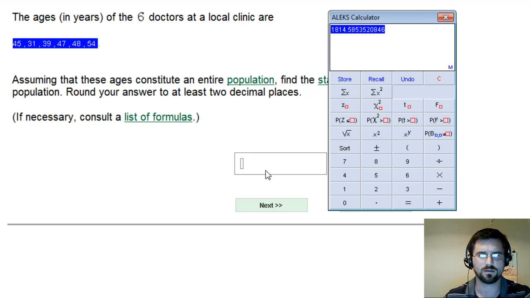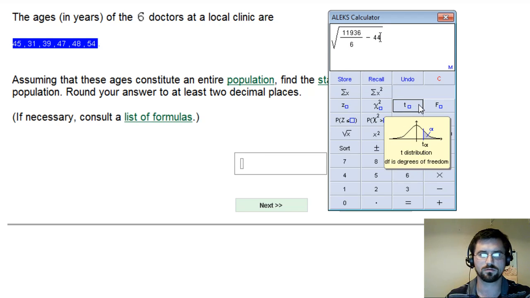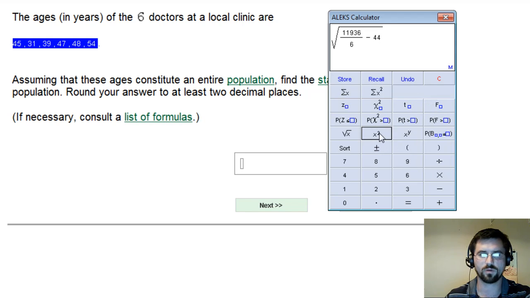That just seems huge. That doesn't make sense, right? How can that be the standard deviation? Let's try again. I'm going to do this, sum of the squareds, and then I'm going to put that under square root, divided by 6, arrow over, minus, recall, squared.